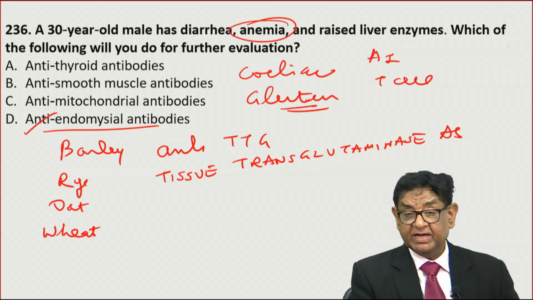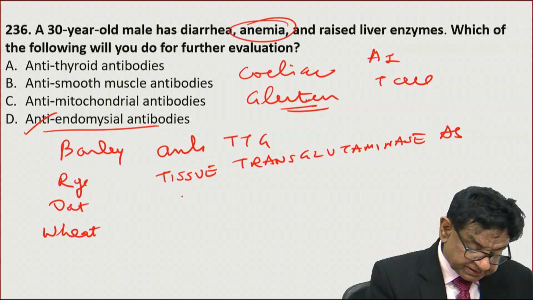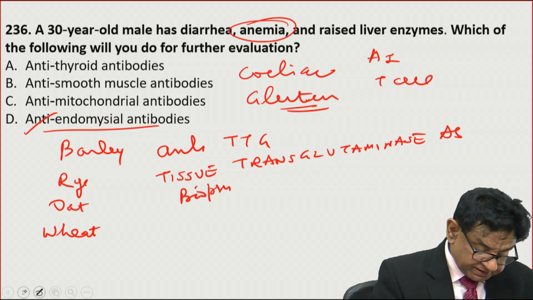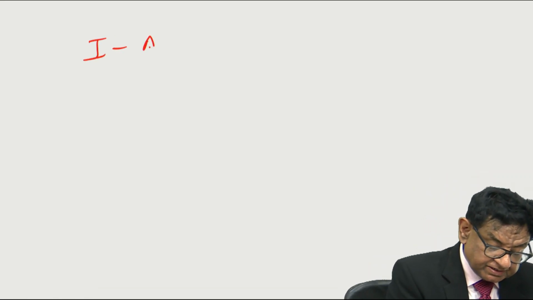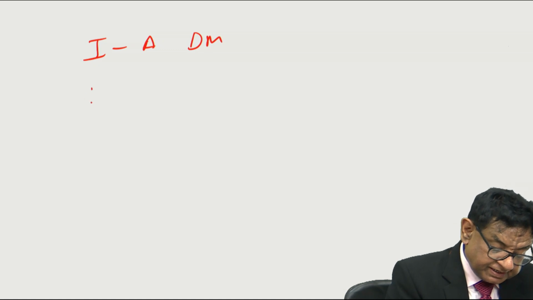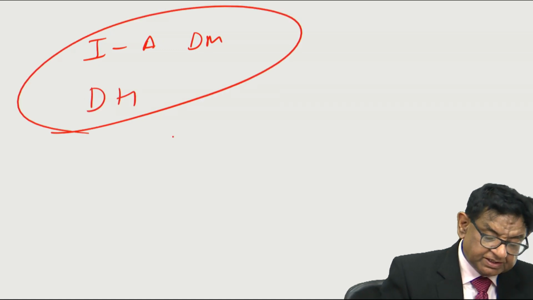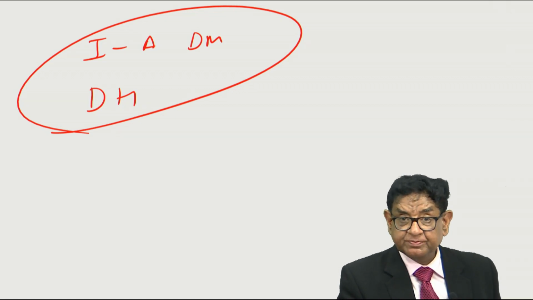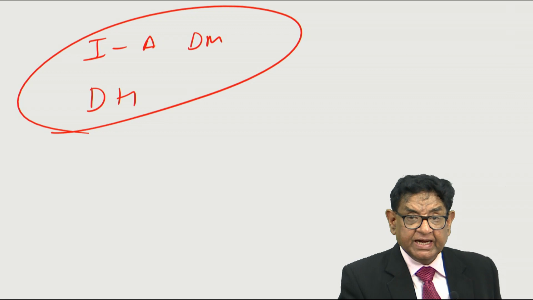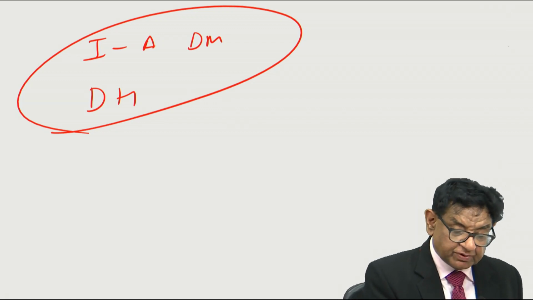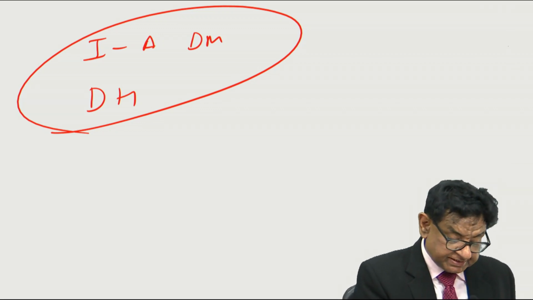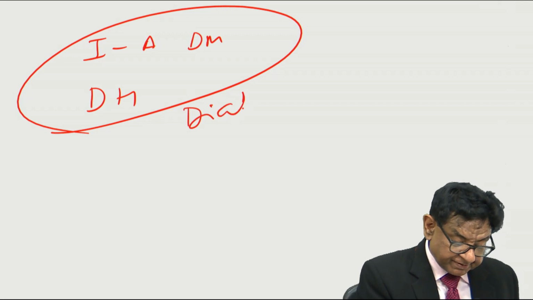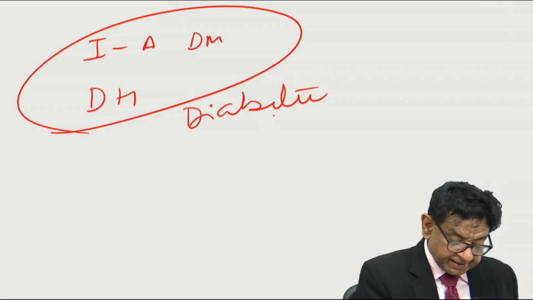Okay? But if they ask you, the most confirmatory test is biopsy. There are certain special associated conditions in celiac disease: type 1 diabetes and dermatitis herpetiformis. These two are strongly associated with celiac disease. And since diarrhea is very common, the other name of celiac disease is diabetic diarrhea.